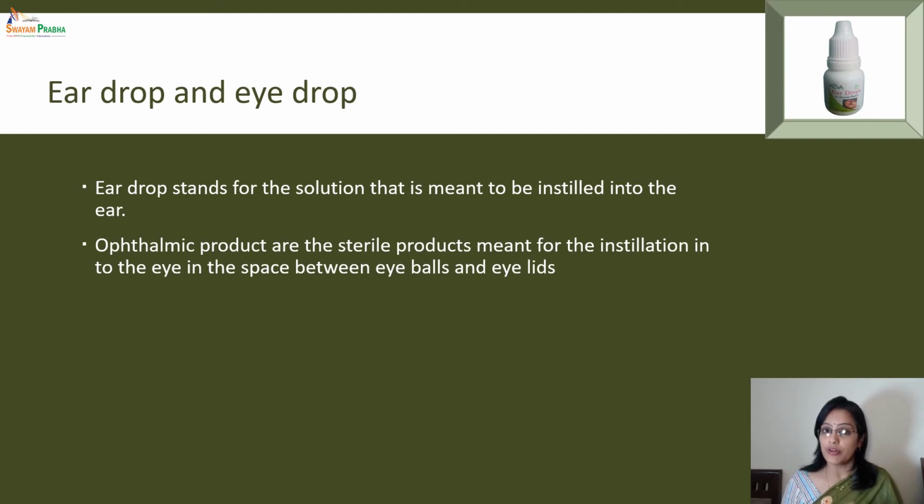And eye drop is an ophthalmic product or sterile product and meant for instillation in the eye, in the space between eyeball and eyelid. Okay, so these preparations are sterile preparations.